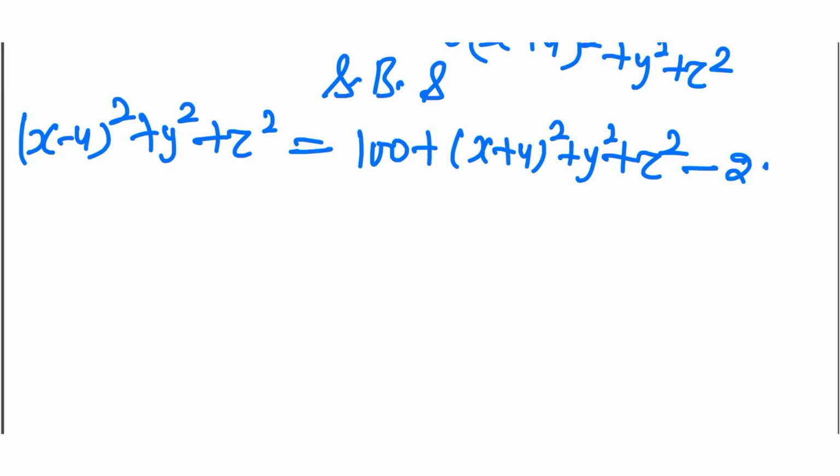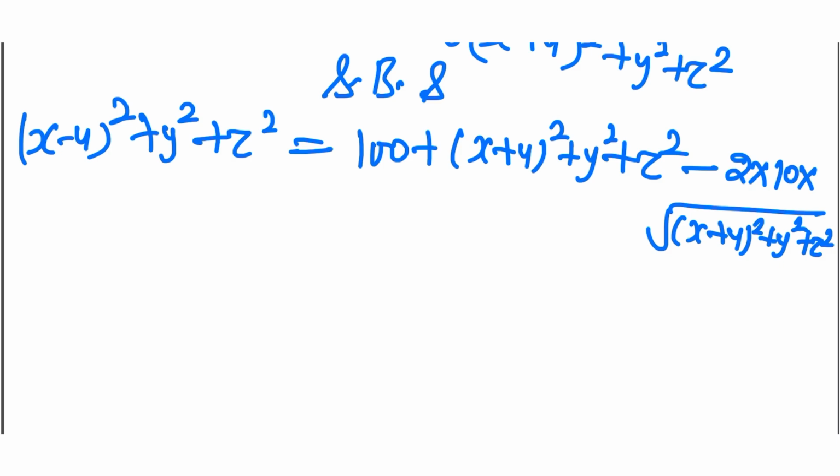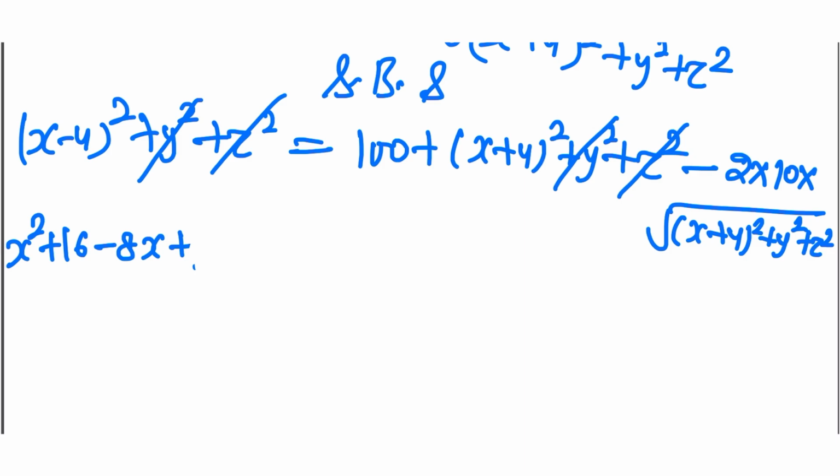So minus 2 into 10 into square root of (x plus 4) square plus y square plus z square. As we can see, we have some variables that we need to shift after applying the whole square identities. So it is x square plus 16 minus 8x plus y square and z square, which can be cancelled out because they are on both sides with the same sign. So y square and z square are cancelled out.